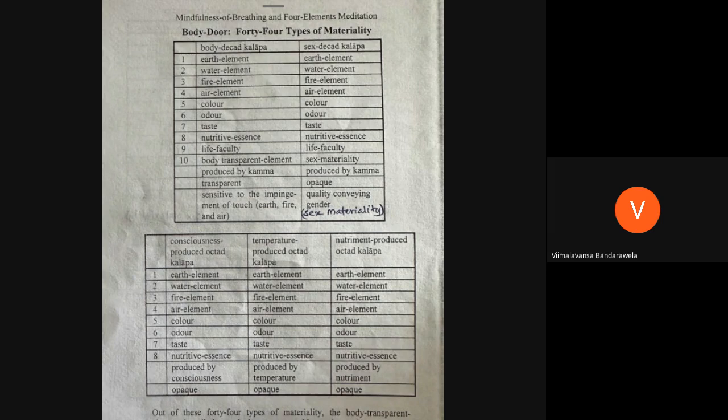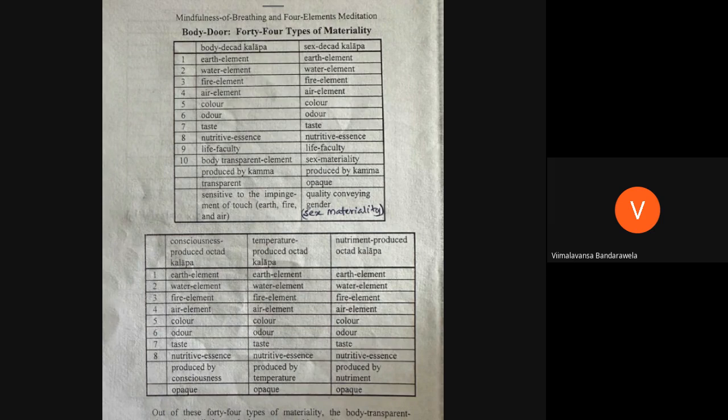Now, these 6 types of materiality are all over the body, not in one place. Even in the eye door or the ear door, you can have this type of materiality. That means only some special materiality is different. So here you have kaya dasaka kalapa and sex decade kalapa, 20 materiality.